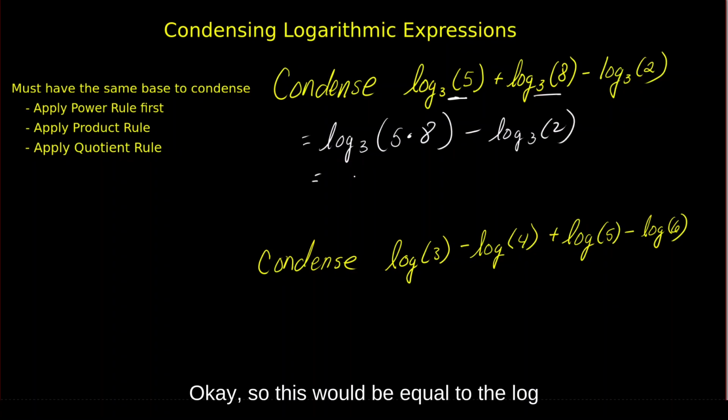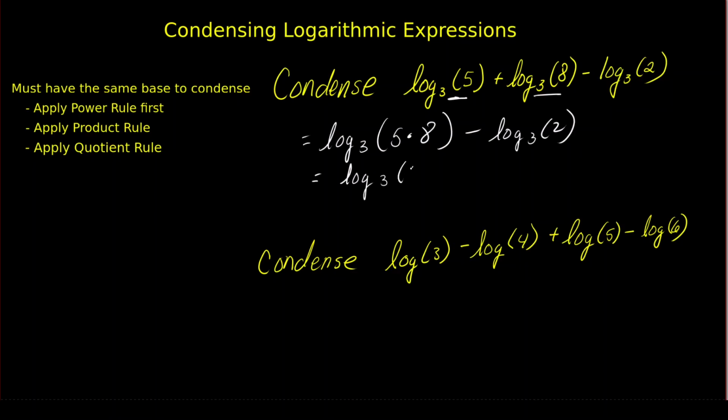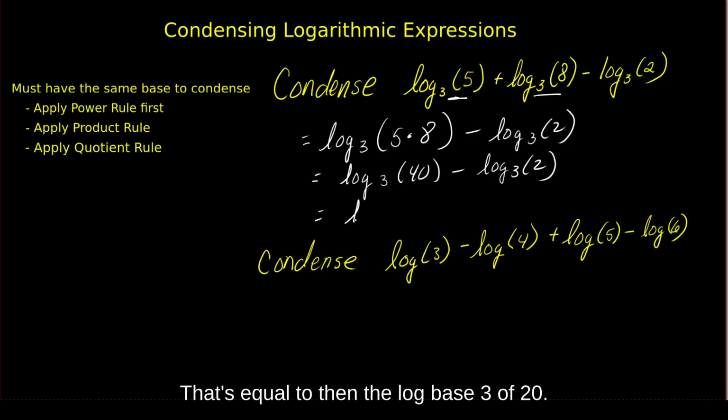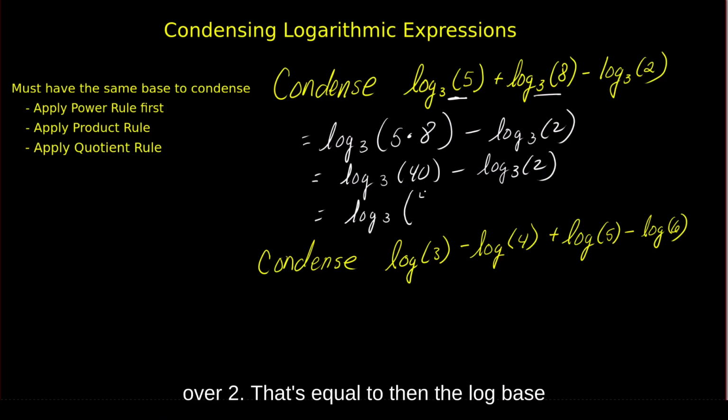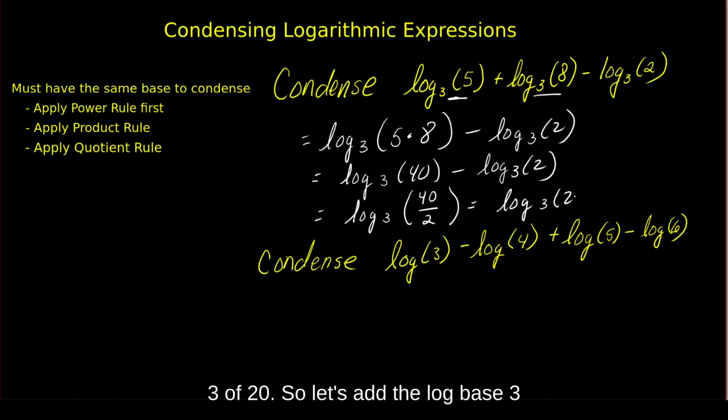Okay, so this would be equal to the log base 3 of 40 minus the log base 3 of 2. This should be the log base 3 of 40 over 2. That's equal to then the log base 3 of 20.